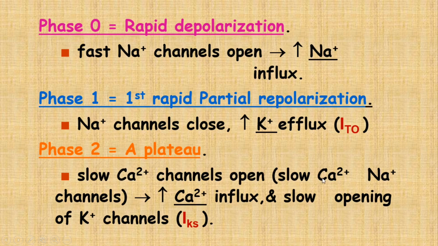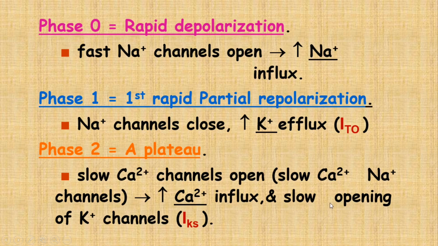So slowly calcium ions will enter inside, but along with the calcium influx through this calcium channel, there is also the opening of a potassium channel. It is called the slowly activating potassium channel, also called the delayed rectifying potassium channel.